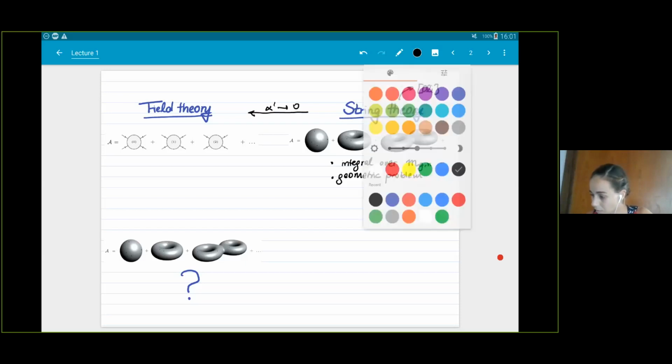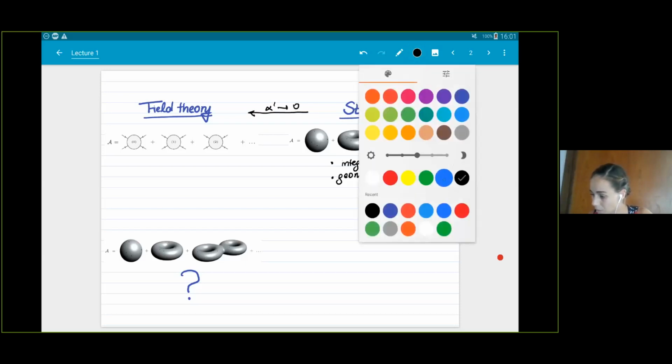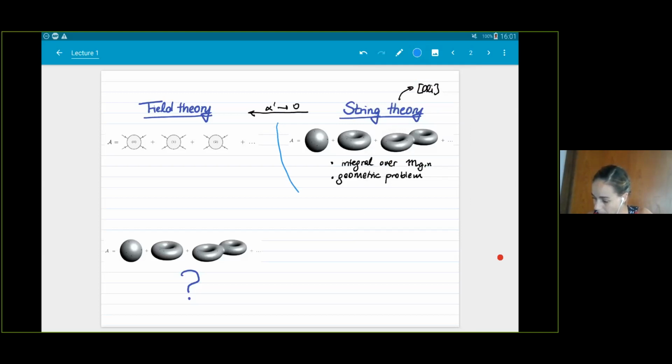Now, if we look at this in more detail, what this really means is that we recover this from string theory in a multifactorization limit, meaning we're actually looking at Mandelstams alpha prime k_i dot k_j.